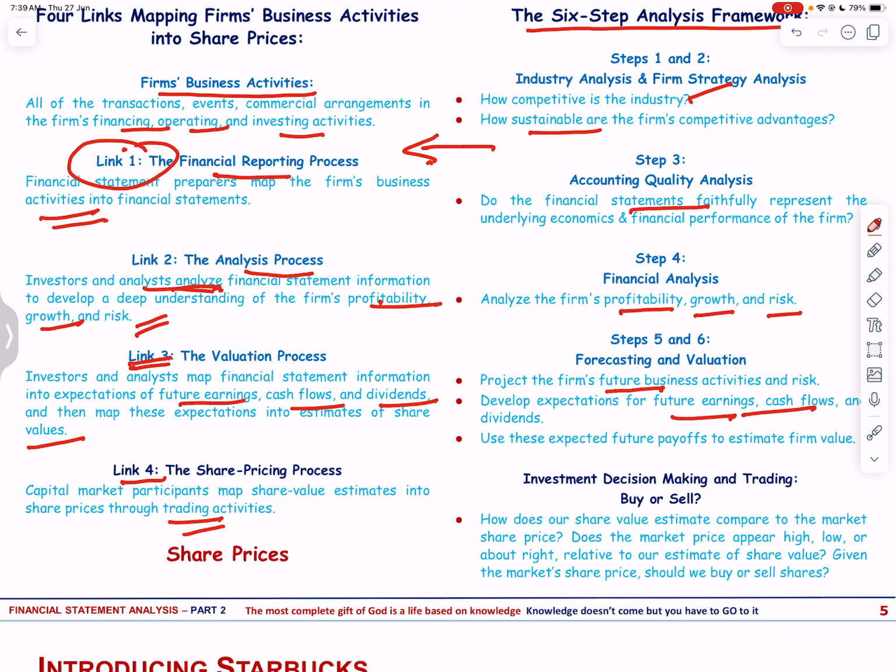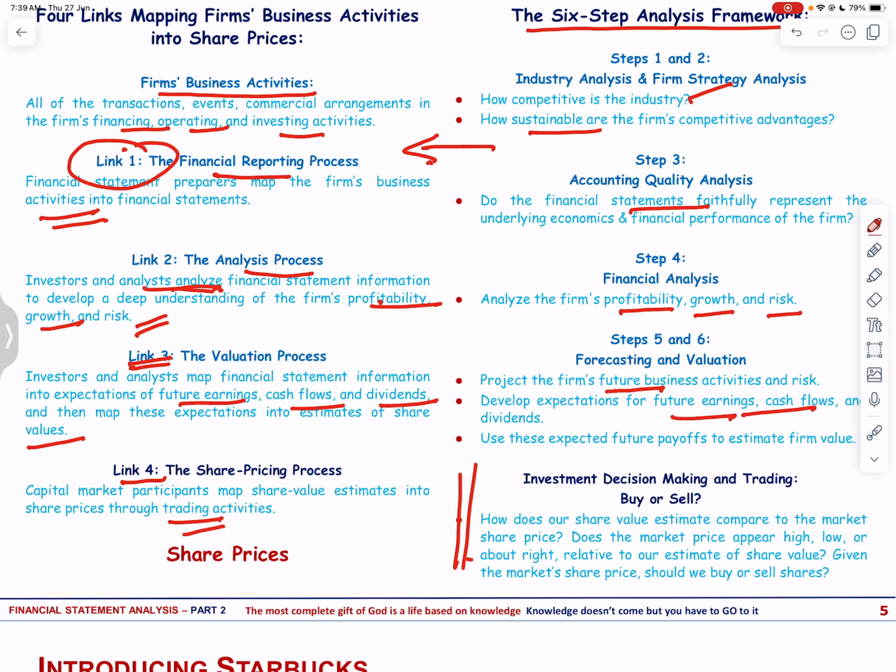The bottom right shows the result of the six-step analysis and valuation. Buying shares when we believe they are priced below their fundamental value, and selling them when we believe they are priced above it. The classic strategy of buy low and sell high.